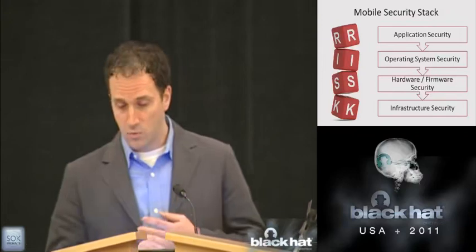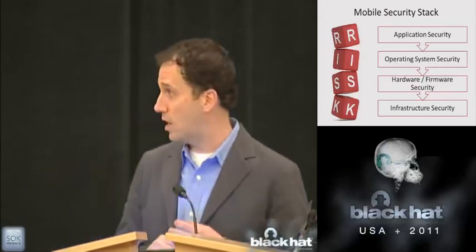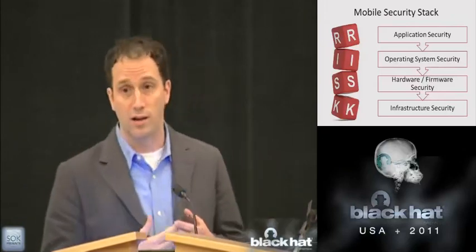Below that, we have the operating system, which is very equivalent to the operating system in the PC world. It sits as an intermediary between the hardware and the application and passes data back and forth. In the mobile space, we also have the concept of the hardware or firmware on the individual devices that you are holding.